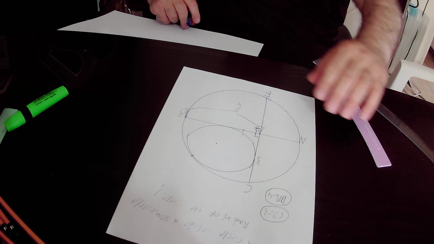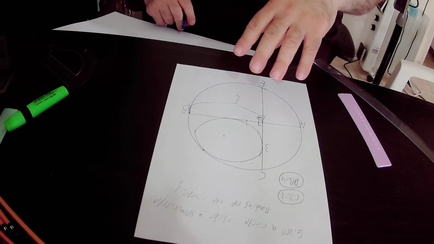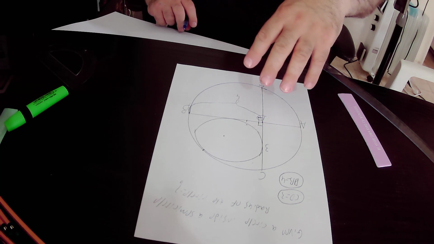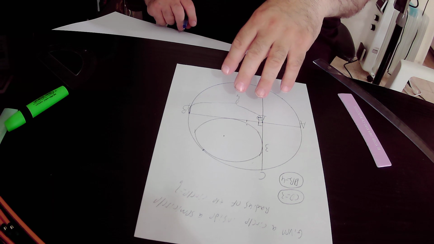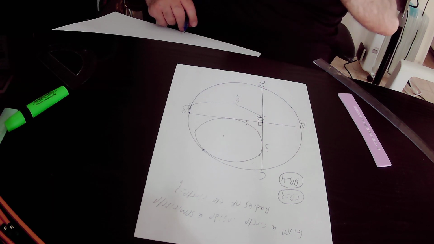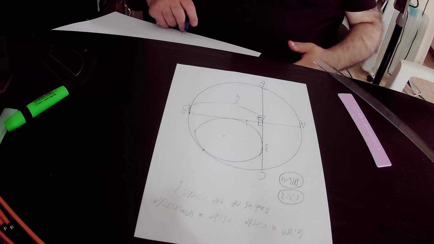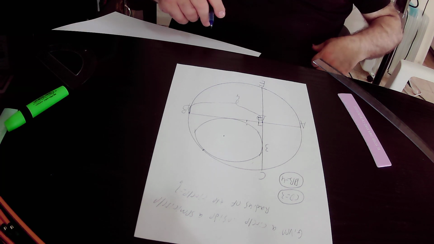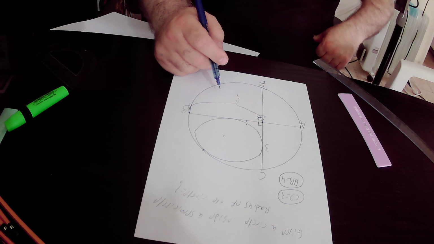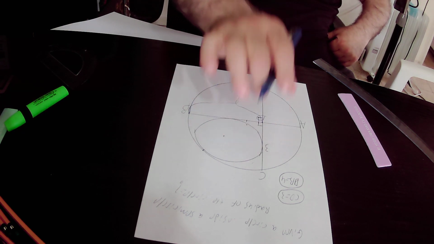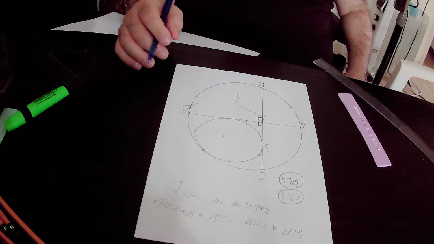So we know that the new semicircle that we created here is a mirror image of the original semicircle. And repeat again, the new semicircle that we created by the construction is the mirror image of the original semicircle.